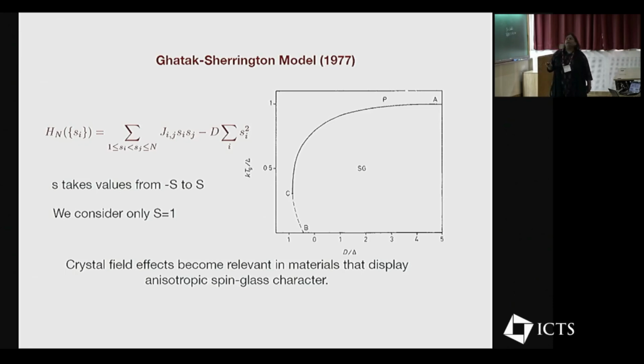What I have been calling delta, I have called it D here because in the original papers they used D instead of delta for the crystal field. And this model is known to have a phase diagram as a function of temperature and the crystal field. This delta, you can forget, this delta has nothing to do with the delta I've been talking about. It is just some constant where there is a transition between spin glass and a paramagnet, which is continuous at higher temperatures and which becomes first order at lower temperatures.